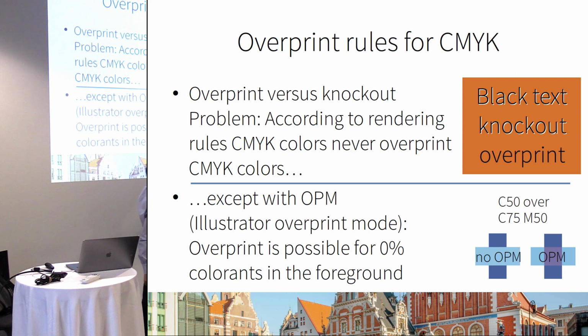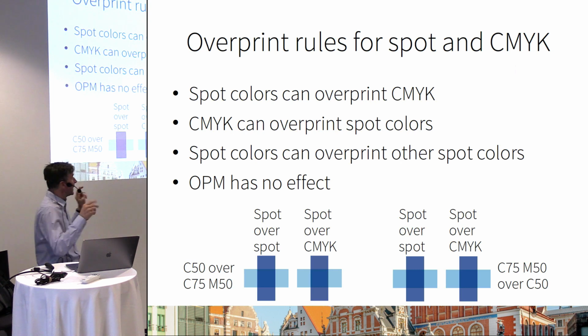First, the RIPs were not that smart or powerful in those days, so it's much easier to just delete a color and replace it with a new one than to somehow take it into account. This was one reason, and then OPM was invented to make it possible that black overprints. These rules are not intended to be used for design. These are really production tools, and therefore, when they are used in a design-like way, they are confusing.